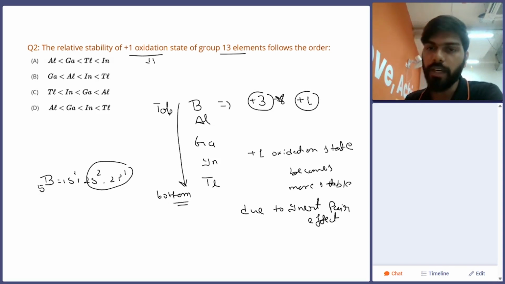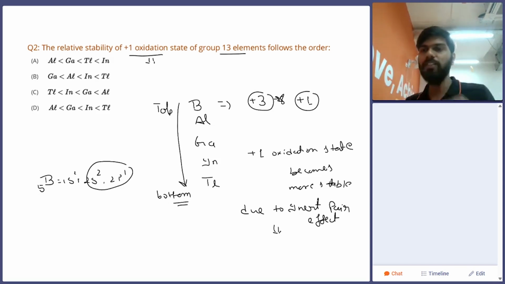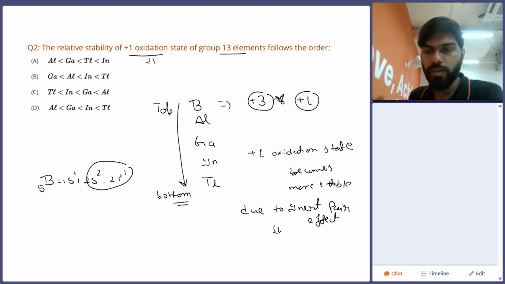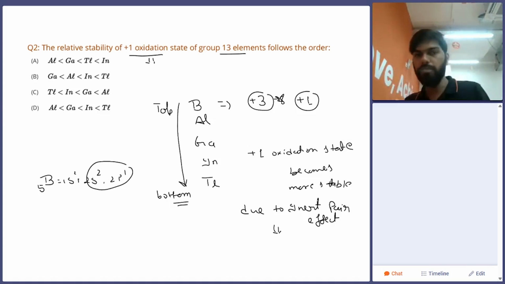Now, what is the inert pair effect? The inert pair effect is the reluctance of the s orbital to take part in bond formation, that is, the s orbital is unable to participate during bond formation. Why is it happening? Because of the poor shielding of f orbitals, the s electrons are much closer to the nucleus. If they are closer to the nucleus, we are unable to provide that much energy to excite this s electron.